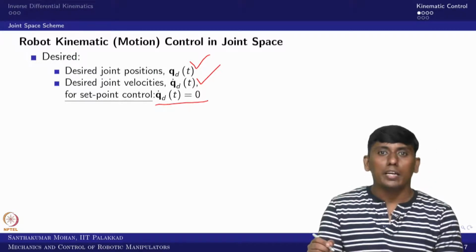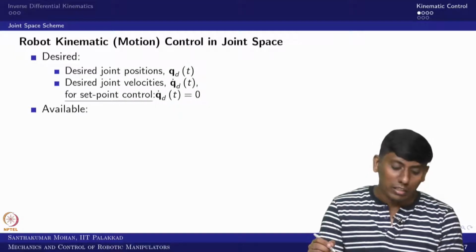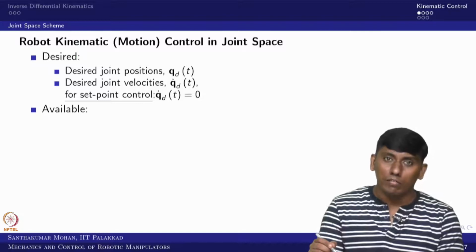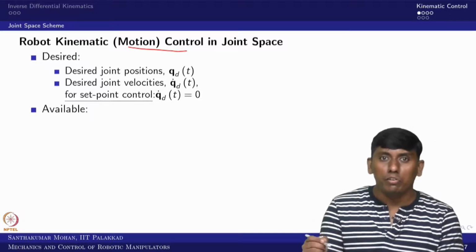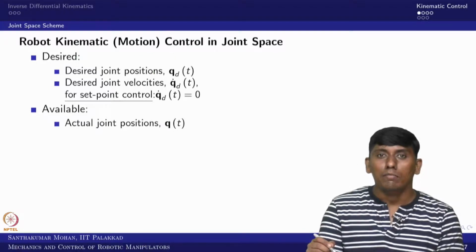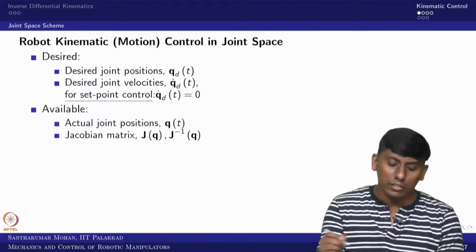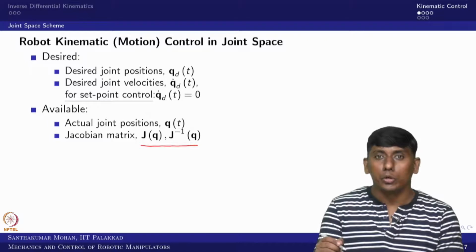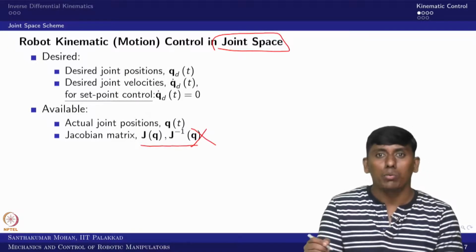So we can see what things are supposed to be available. If we think about kinematic or motion level control, the Q of T, which is the actual joint position, is supposed to be available. Further, if we are moving between spaces, we may require the Jacobian, but if we talk about joint space, this may not be directly required.